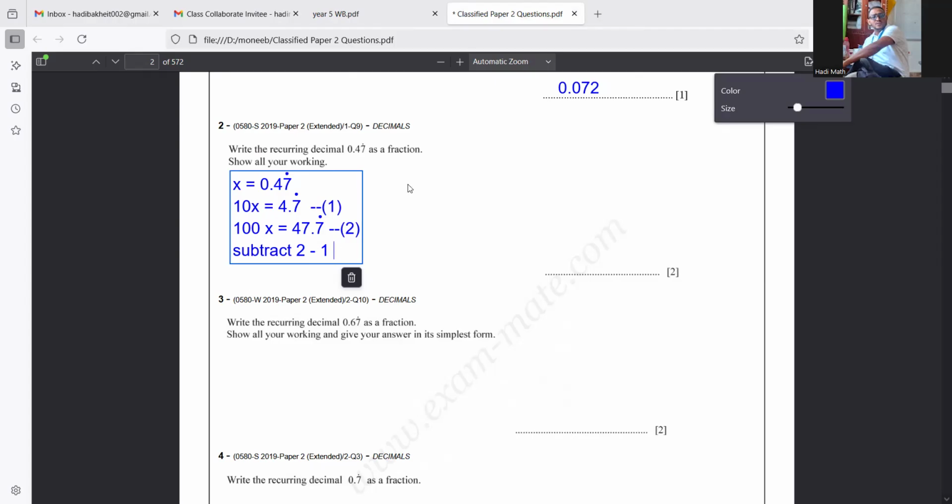If you're a student who gets confused, write 2 first as 100x equals 47.7 recurring, and write number 1 below it, which is 10x equals 4.7 recurring. Put the numbers in columns.